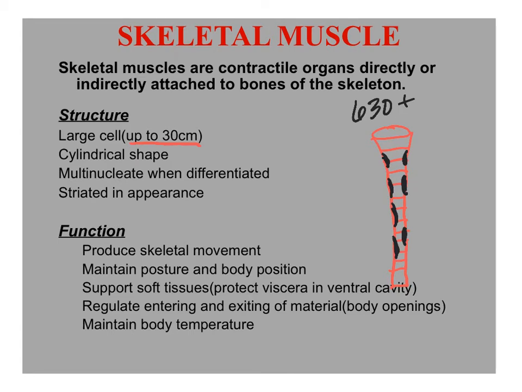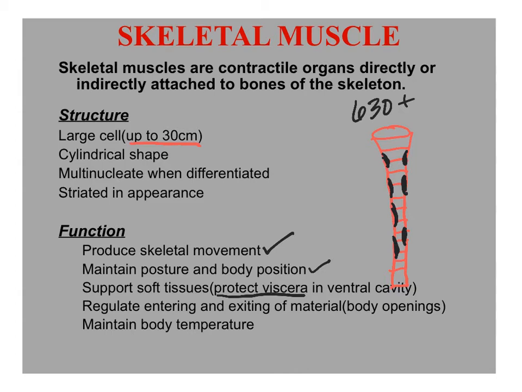Functions of skeletal muscle are, yes, they produce voluntary and in some cases involuntary movement. They're helping you to maintain your posture and body position right now. They're allowing you to sit up straight and hold your head up straight. They are supporting or protecting your internal organs.